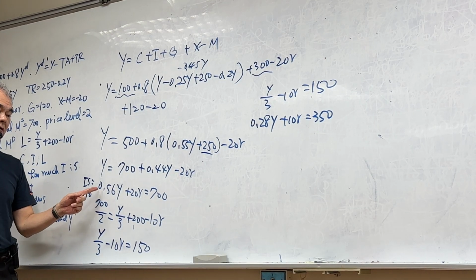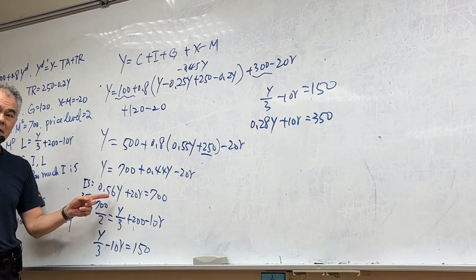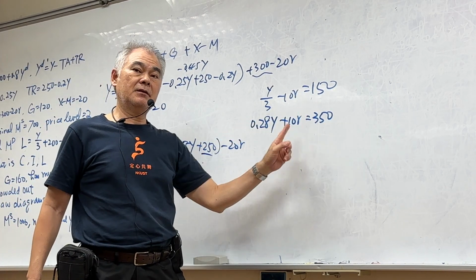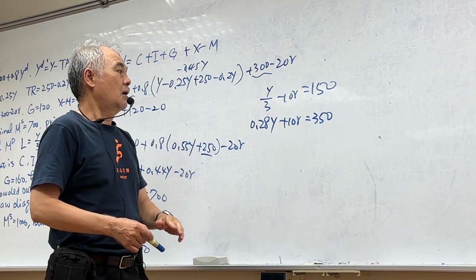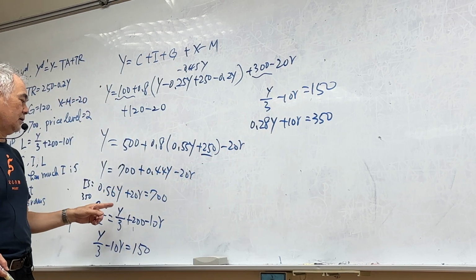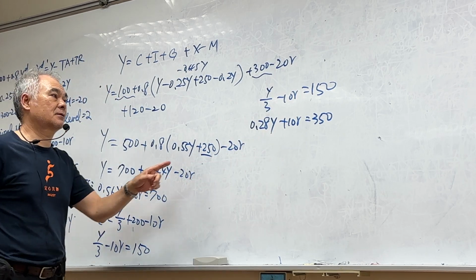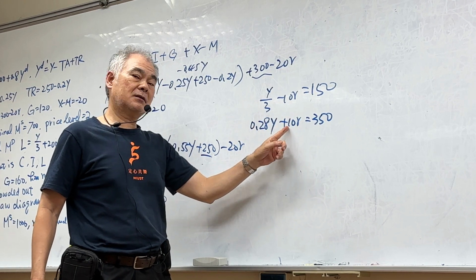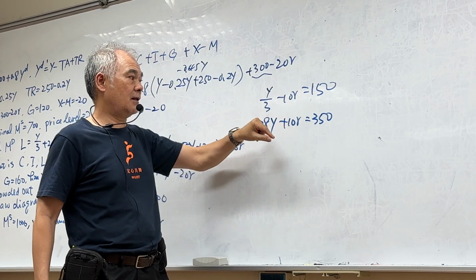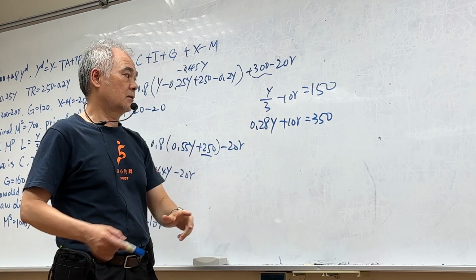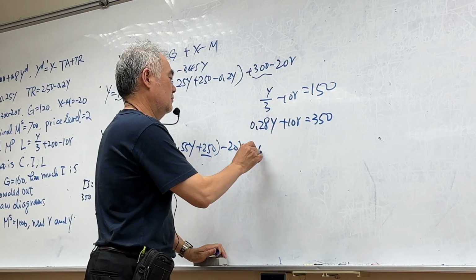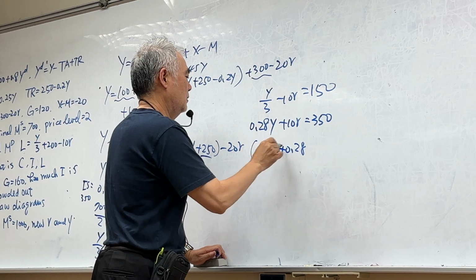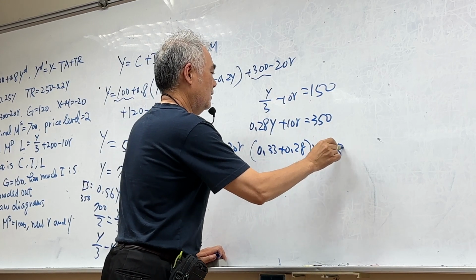Because here is 0.56y plus 20r is equal to 700. So then what we have here? Why would I divide this equation by 2? Because here you have minus 10r and then you have plus 10r, right? So if you add this together, it is gone. So you have 0.33 plus 0.28 y is equal to 500.